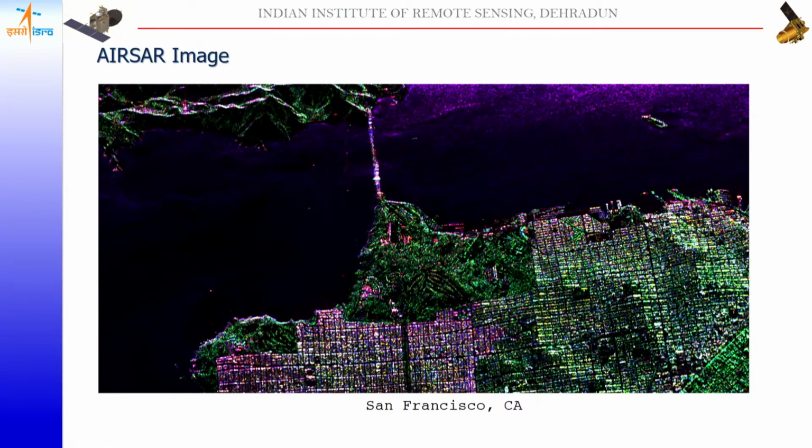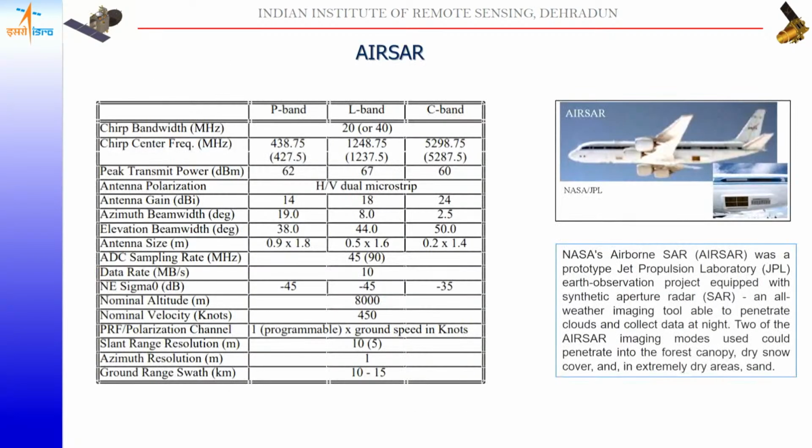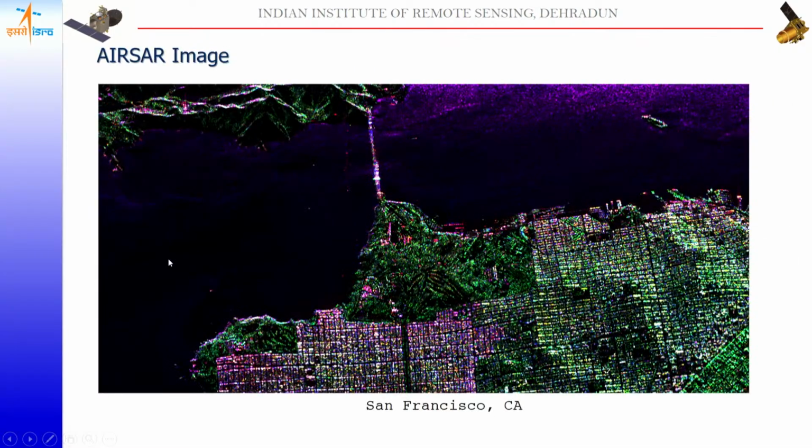So this is the AirSAR airborne image of San Francisco. You can see it is a quad pole system, so we can generate the RGB image or the Pauli decomposition. This is a Pauli decomposition image only. You can see how well you can see the vegetation, and these are the buildings, and this is due to the orientation of the structures with the flight line of the AirSAR.